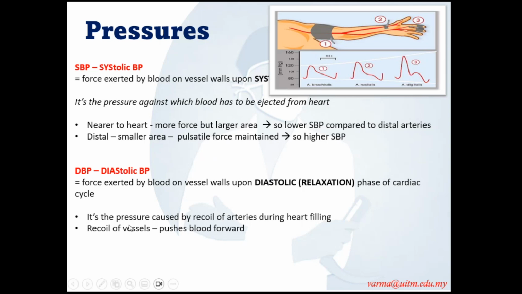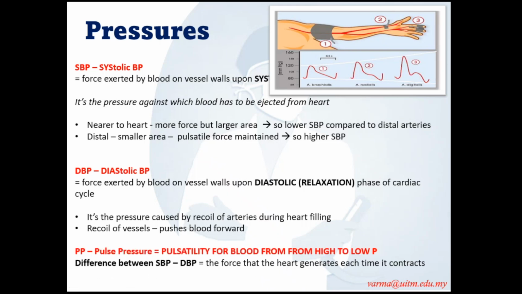So this is the pressure exerted on the vessel wall during the relaxation phase of the cardiac cycle, because recoil of the vessel is important to push the blood forward. It is a continuous cycle, systole, diastole. Same goes for the vessel, which needs to constrict and then recoil, constrict and recoil. It's like the peristaltic movement of the gut as well. So it is needed to push the blood forward.